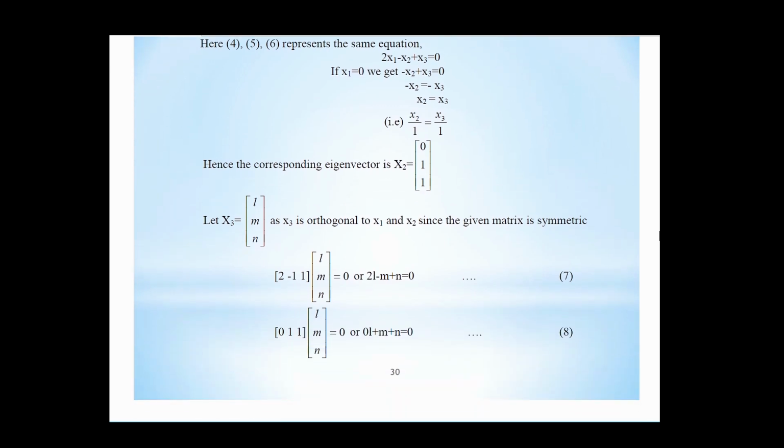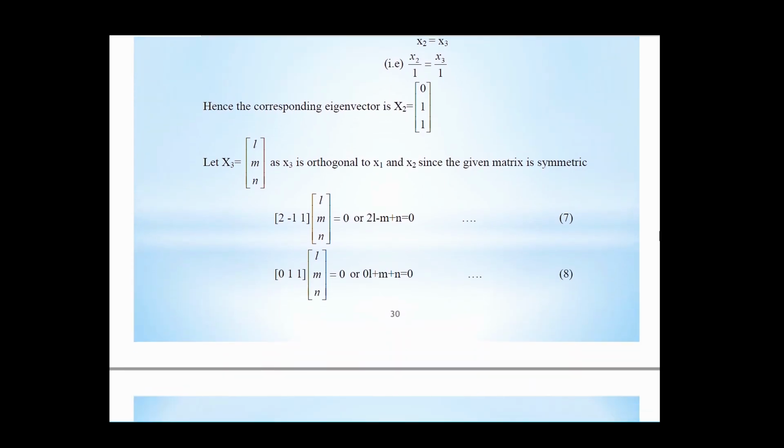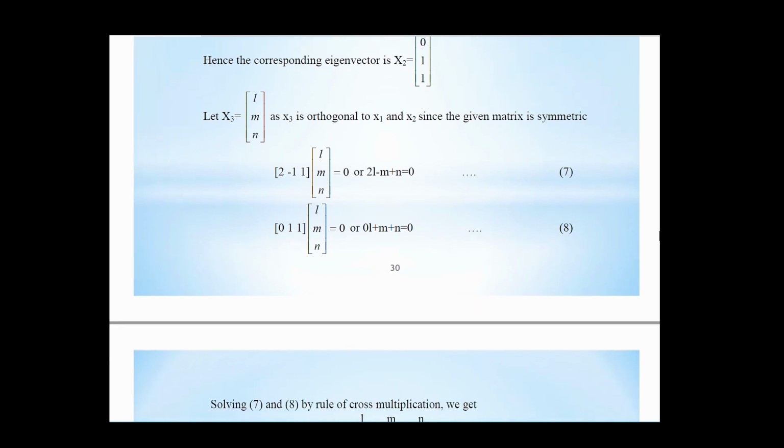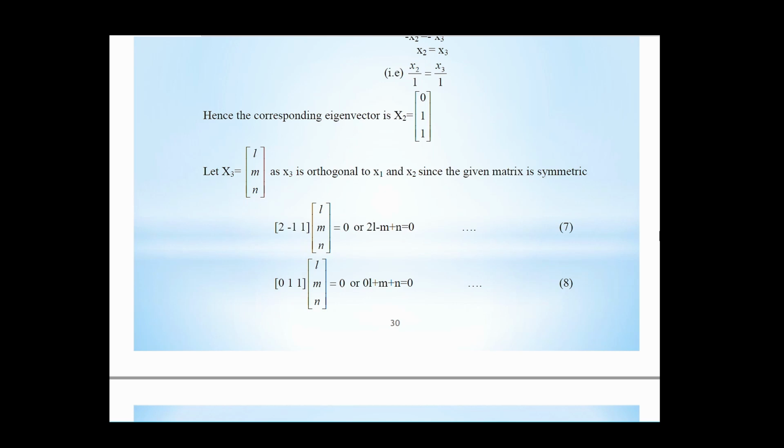And then next we take the last eigenvector x3 equal to (L, M, N), which is orthogonal to the previous vectors x1 and x2, because the given matrix is symmetric. Therefore x1, which is 2, minus 1, 1, times (L, M, N) is equal to 0. After the matrix multiplication we get 2L minus M plus N equal to 0.